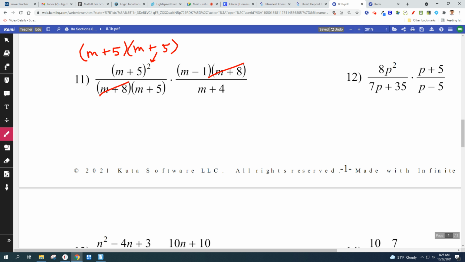All that means is there are 2 of them. So I can cancel out that n plus 5 on the bottom with one of those n plus 5s on the top. So there's going to be one of them left on the top.